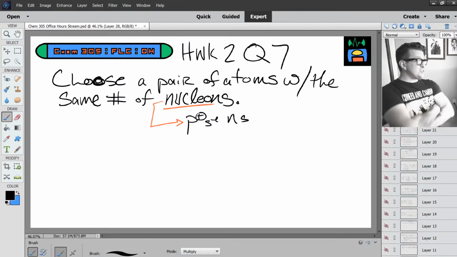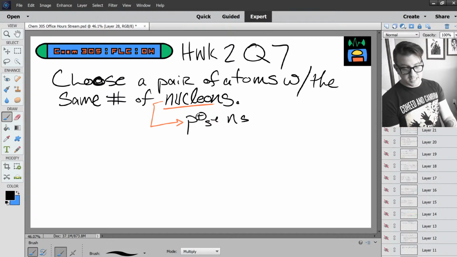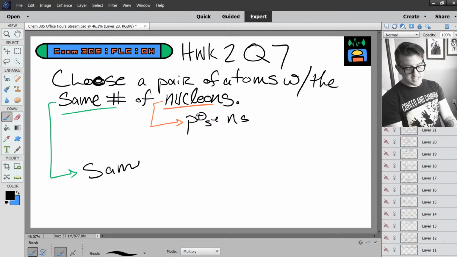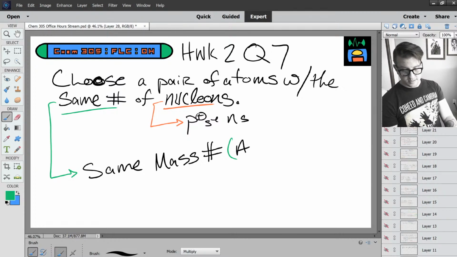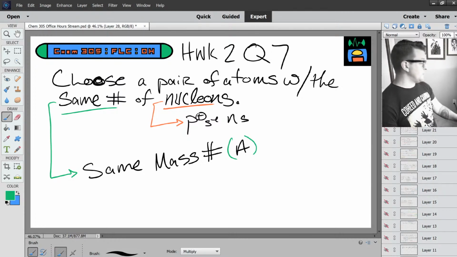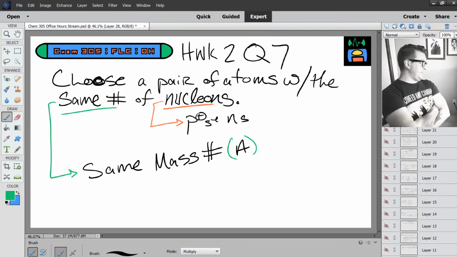Essentially, if two atoms have the same number of nucleons, then they'll have the same mass numbers, because the mass number is the total number of nucleons present in a nucleus. So it doesn't matter what elements they are. You just look for two elements that have the same mass number, and you've got it.